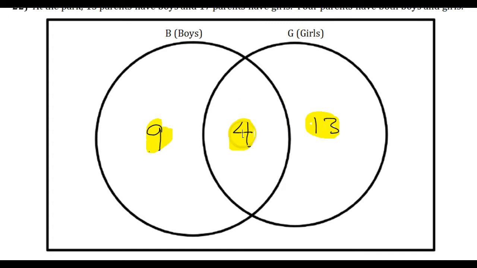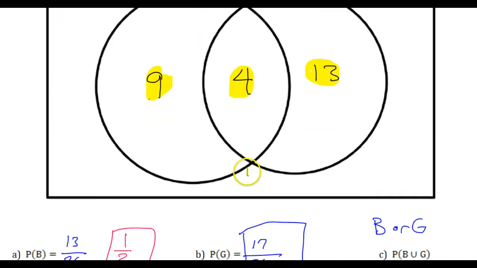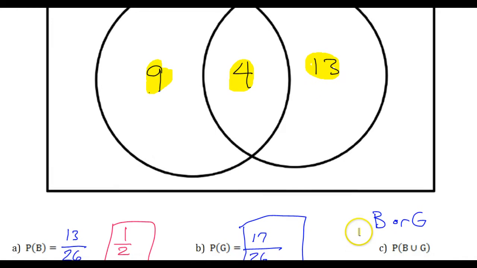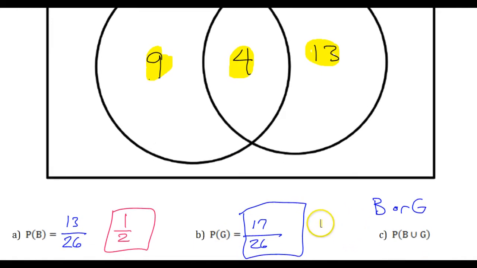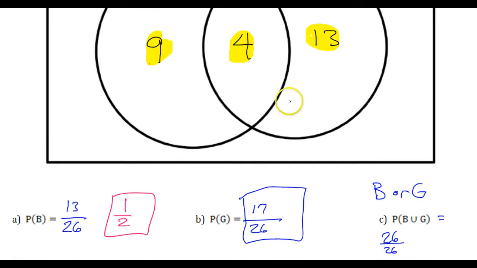In this case, it's everything. It's the total. So the probability of having a boy or a girl is 100%. It's a probability of 1. You might start off by saying 26 out of 26, because that's everybody. But that gives you 1, so that's your final answer.